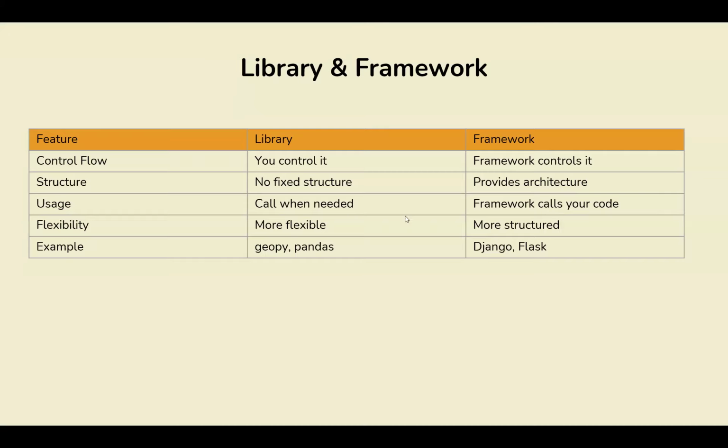In usage, we call the library when needed, but the framework calls our code, because ultimately the framework provides us the template and we need to write code based on the template only. Flexibility: a library has more flexibility, while a framework is more structured.